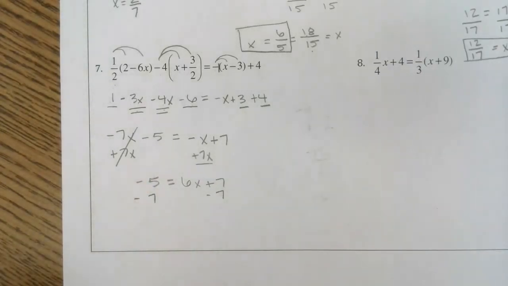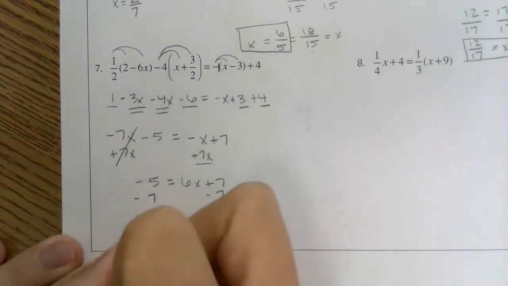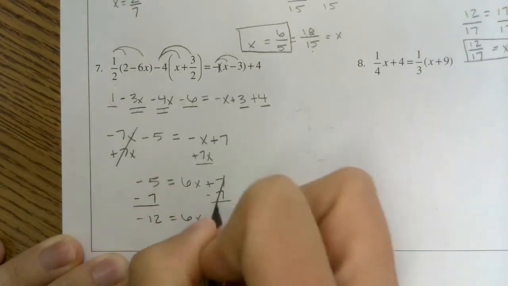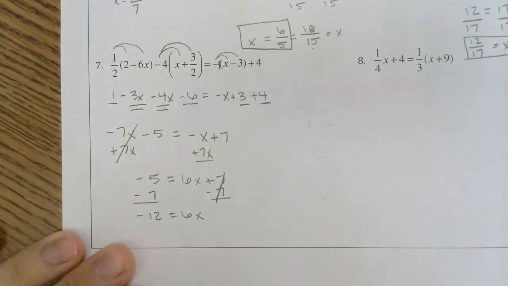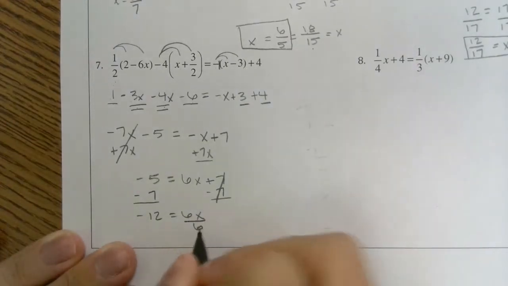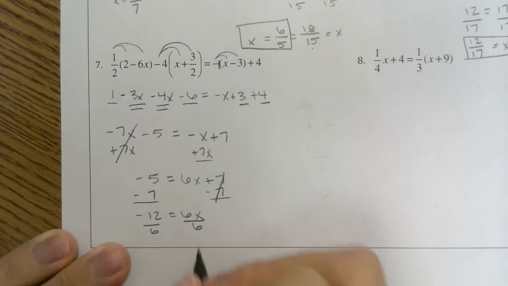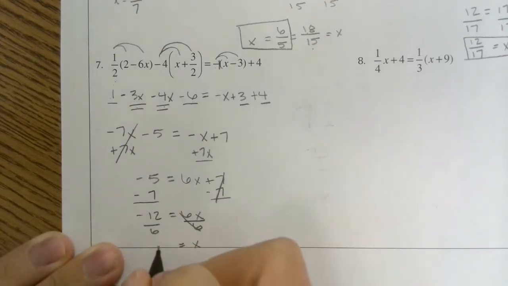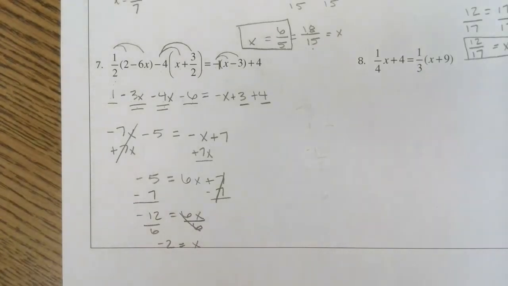All right, so you can think about what's 5 plus 7. Or you can think about it as -5 and then move 7 more. That would be -12. And then we'll get x all by itself. Divide that 6 out. -12 over 6 is -2.